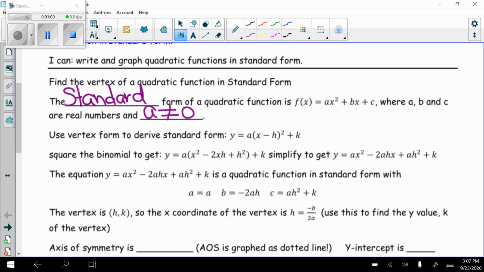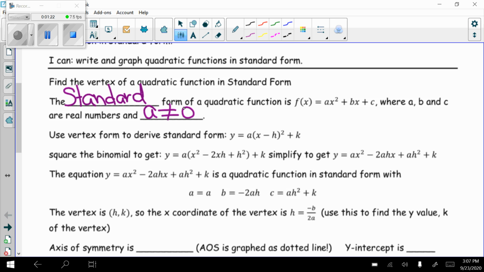So we want to use the vertex form to derive the standard form. Again, this is just what we had been doing in the previous lesson, okay, where we took the x minus h quantity squared, we did the shortcut, we multiplied it out. So we took the first term, we squared it, got the x squared, multiplied x and the negative h together, and then doubled it, negative 2xh, and then squared the h. Okay?